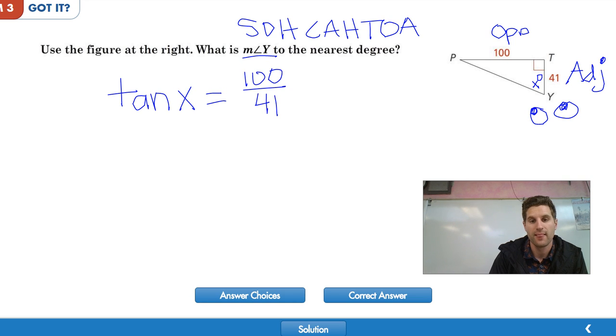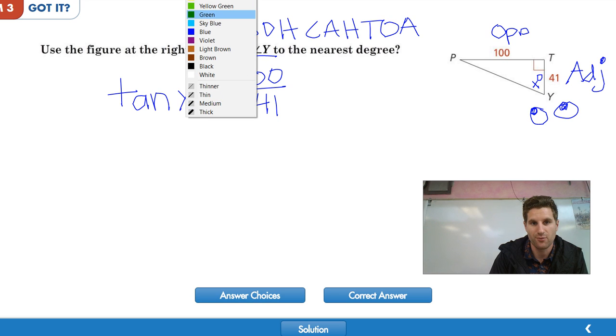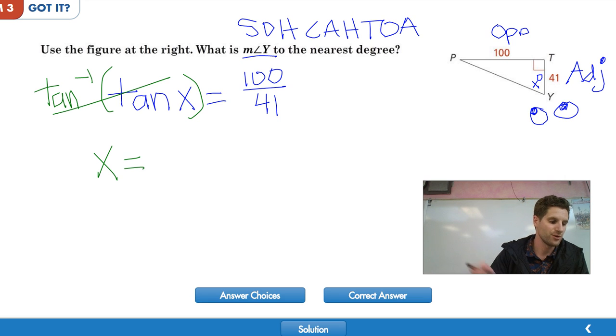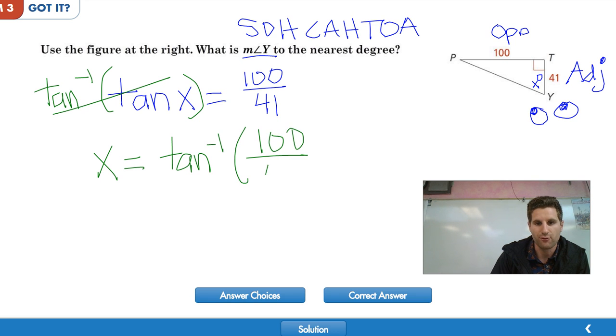Alright, now I got to get x alone, so we got to get rid of the tan, so I'm going to go ahead and do the inverse tan on this side, which will cross that out, leave me with x. Whatever I do to one side, I got to do to the other. So this is also going to be tan -1, or the inverse of tan, 100/41.